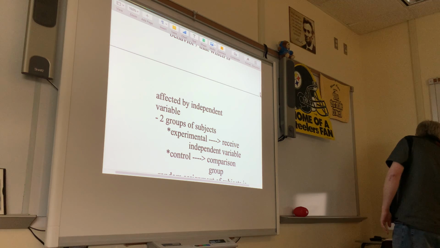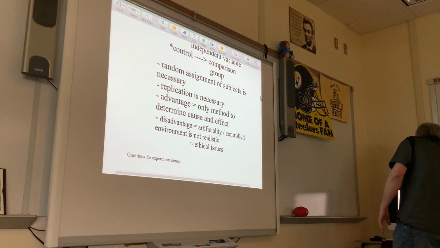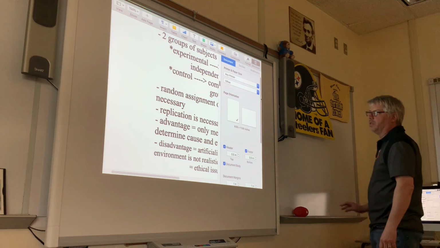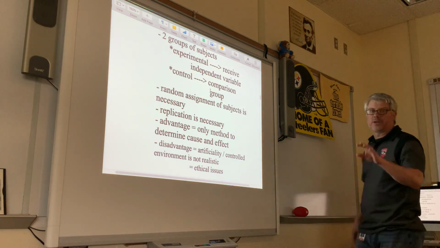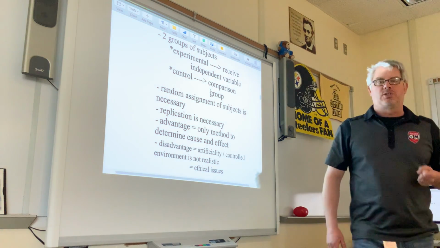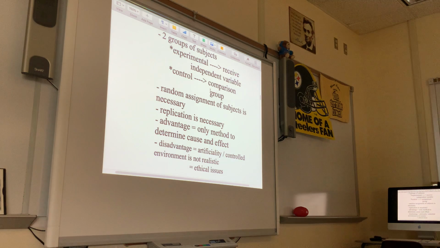In an experiment, in psychology, there is a very important thing that you have to consider whenever you're creating your groups. You must use what we call random assignment of subjects. What do you think that means?